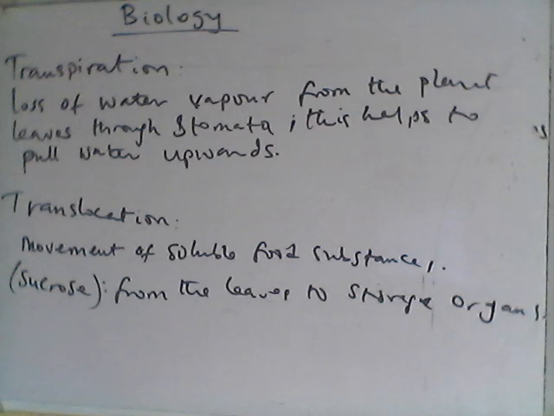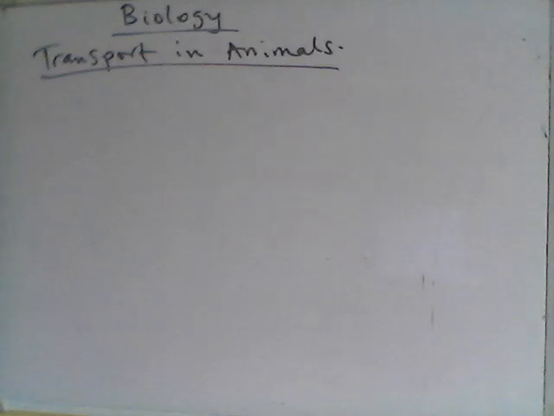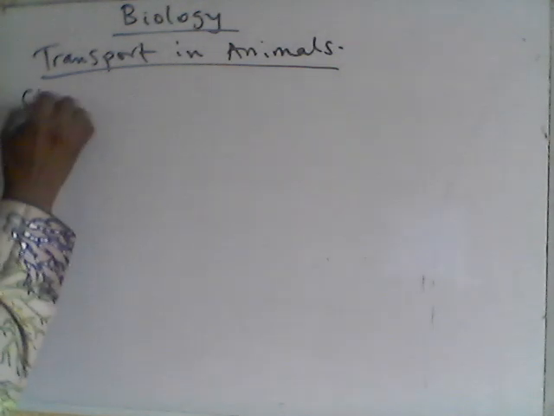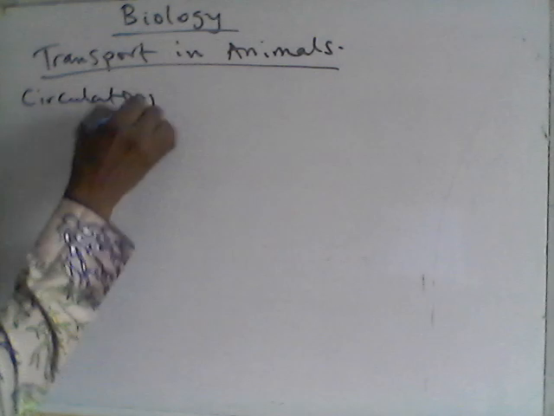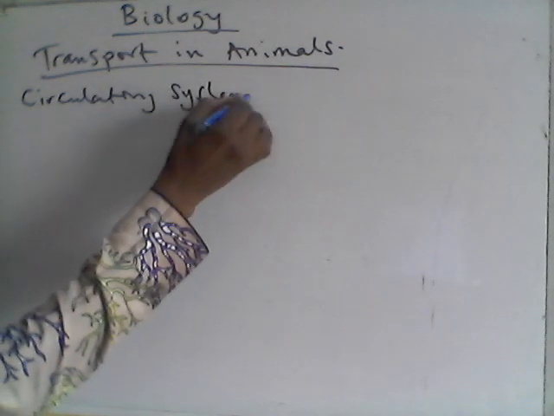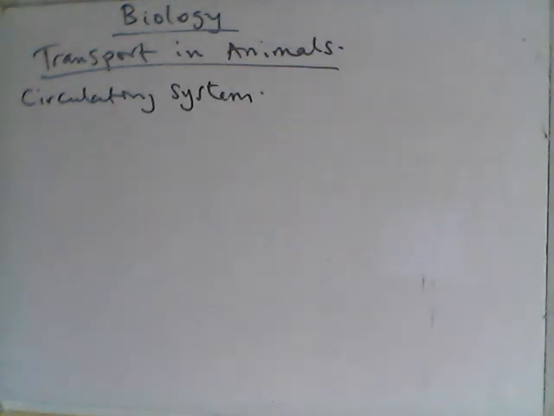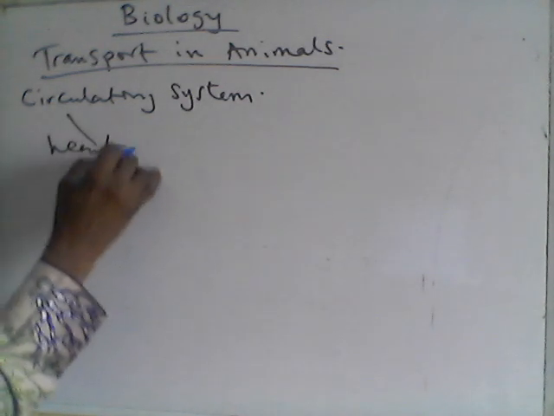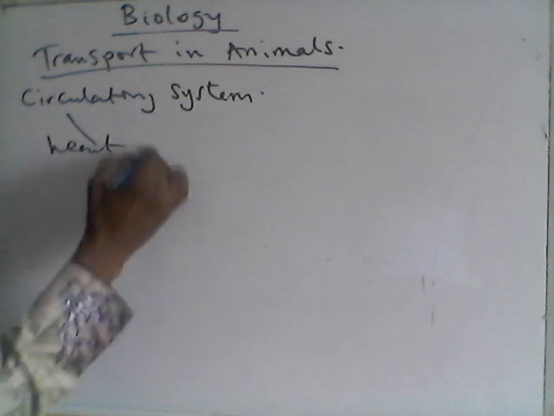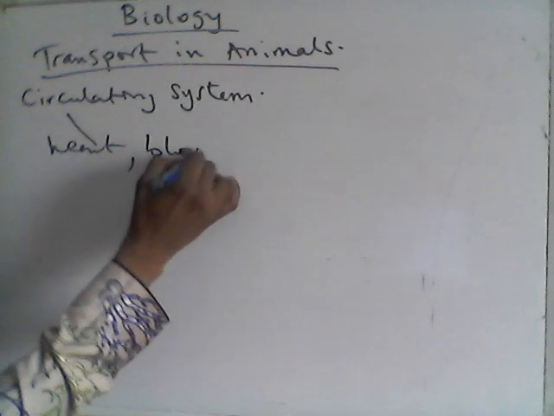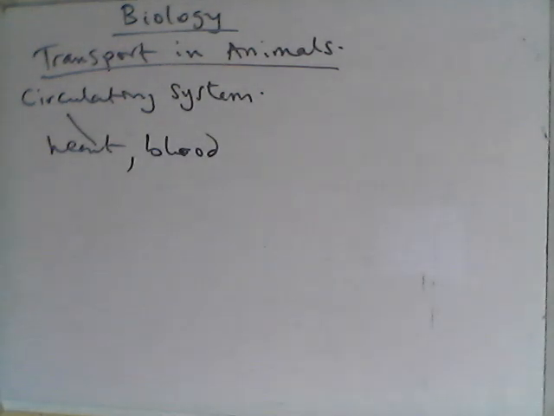Okay, so we'll dive into transport in animals. Transport in animals is performed by the circulatory system. It includes the heart, the blood, and the blood vessels. The blood is the substance that moves these materials.